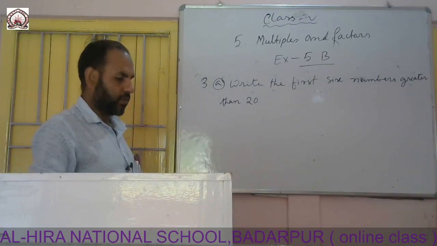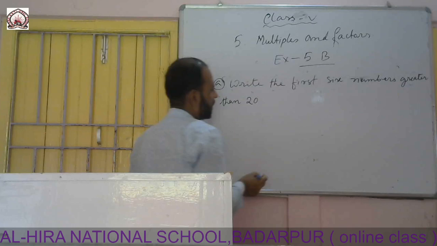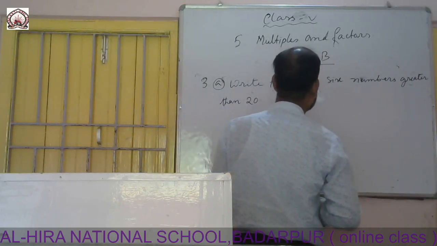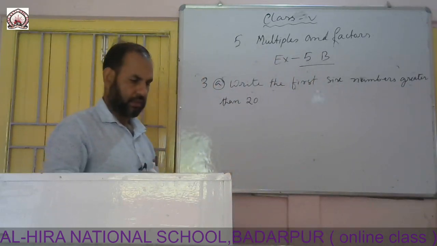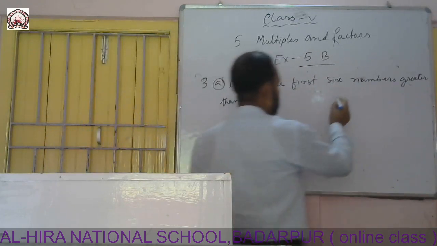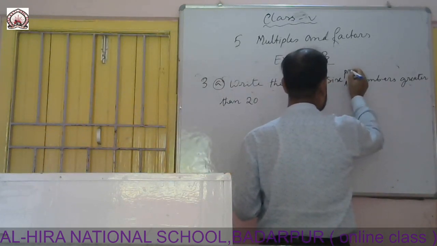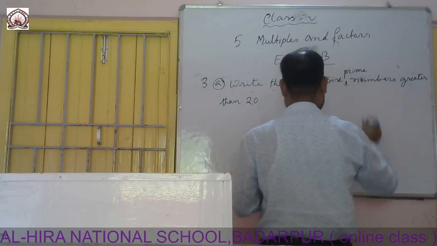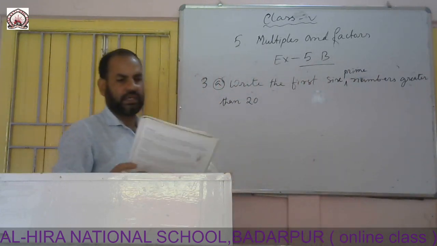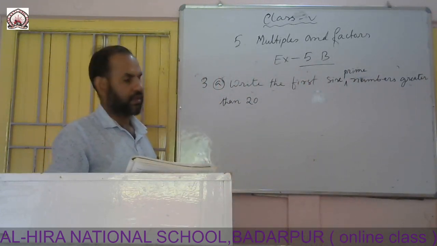Greater than 20, we take out 6 prime numbers. Prime numbers greater than 20.